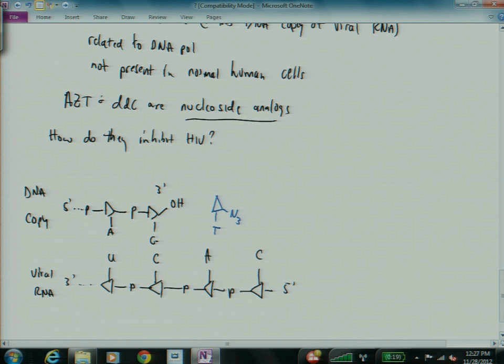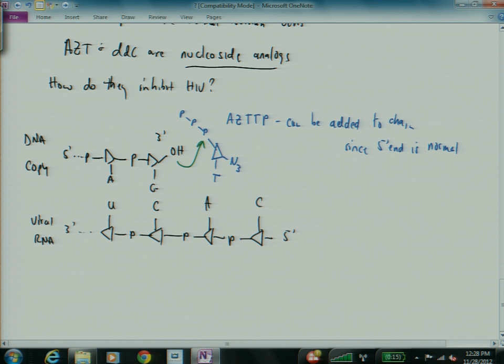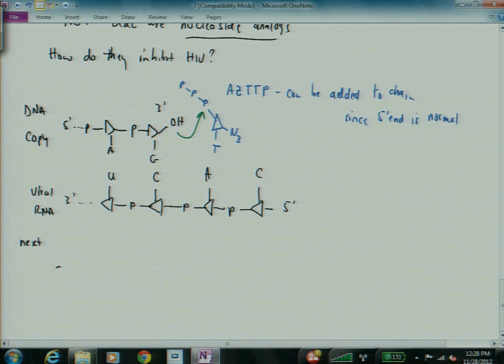This guy attaches on. And so what you'd get, next step, is a situation like this. You've got your 5' P, sugar, phosphate, sugar, phosphate, sugar. Actually, I'll add that in color in a second.